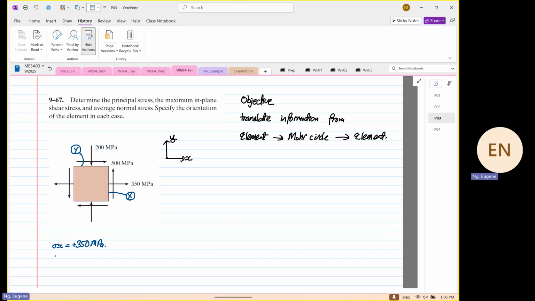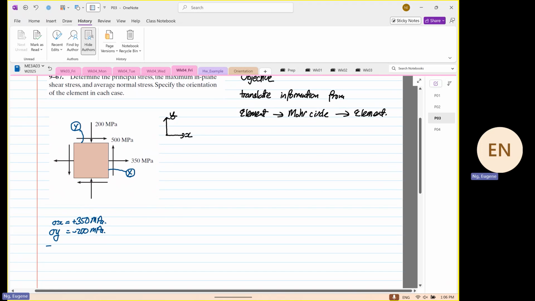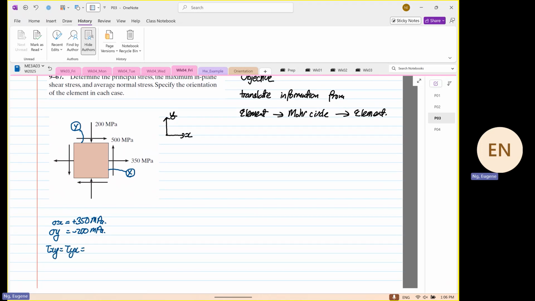And then we also know that stress Y is equal to minus 200 megapascal. And then we are aware that the shear XY is equal to our shear YX and is under positive configuration at 500 times 10 to the power 6 Pascal, or megapascal.